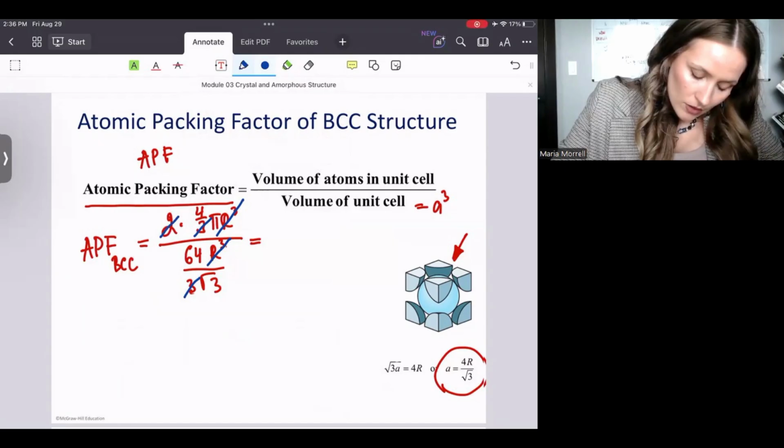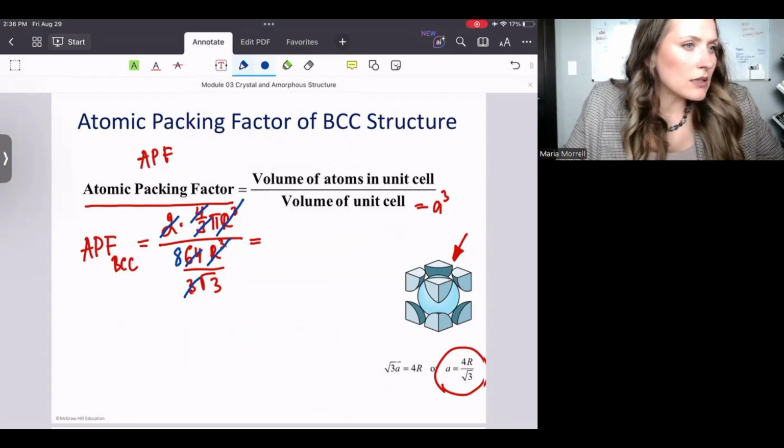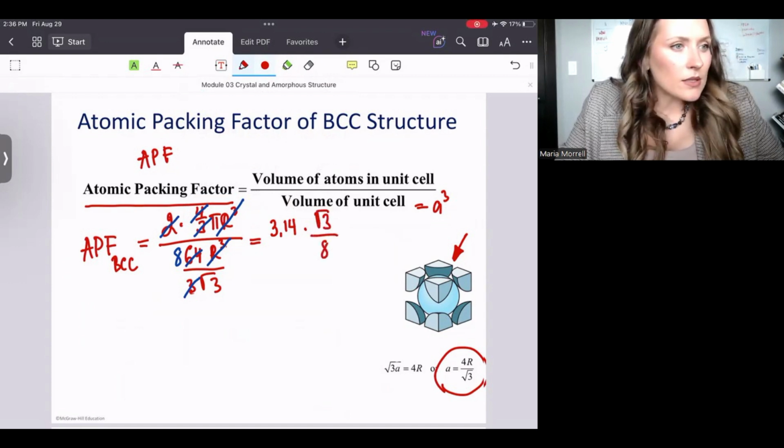Here I will have just 8, right? So that means I will have what I have left over, pi, which is my 3.14, right? And then I multiply it, and I'm going to flip it, square root of 3 divided by 8. Pretty sure that's what it is.